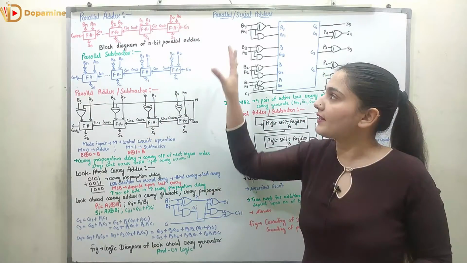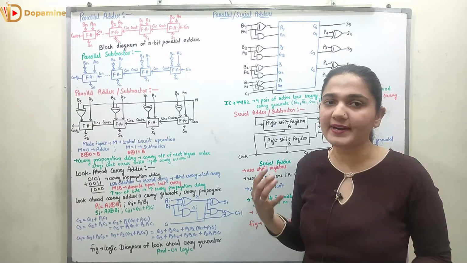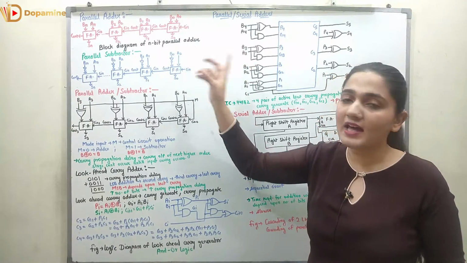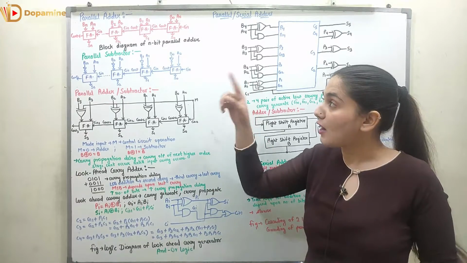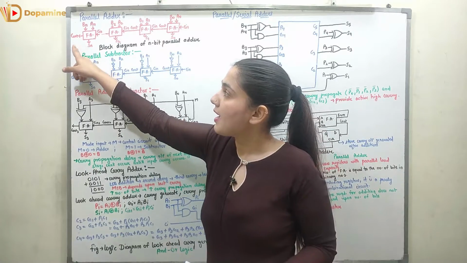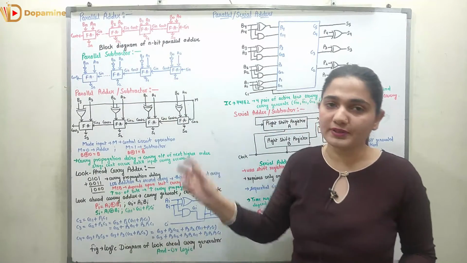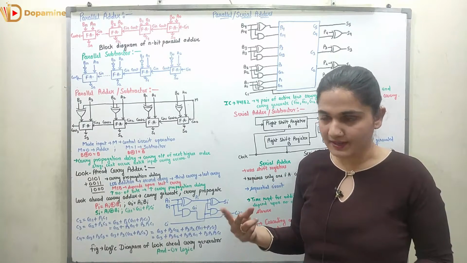This is a block diagram of an n bit parallel adder. I hope you understood how I have made an n bit parallel adder with the help of n full adders, right? I will get the output as S0, S1, S2 up to Sn and C out. This is the output that we are generating by adding the two n bit numbers, right?